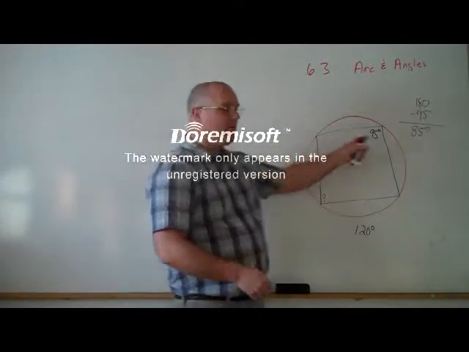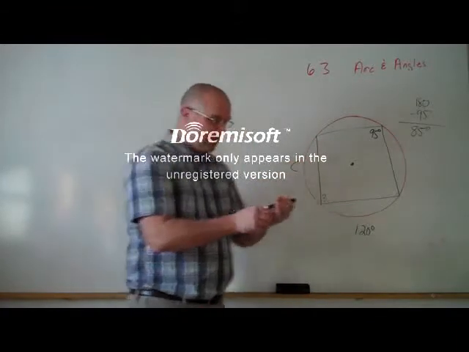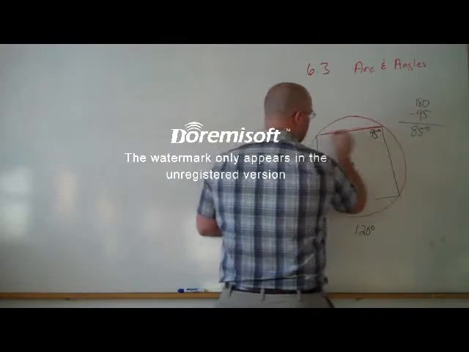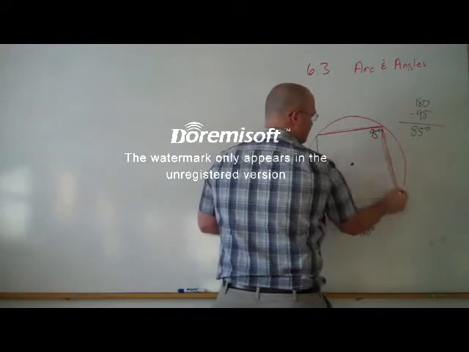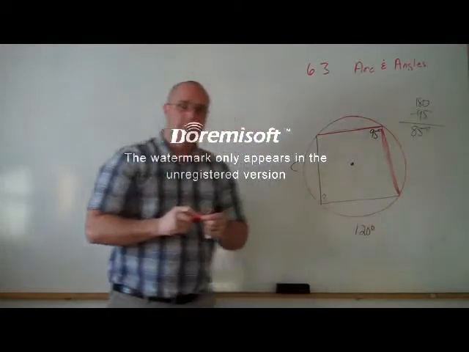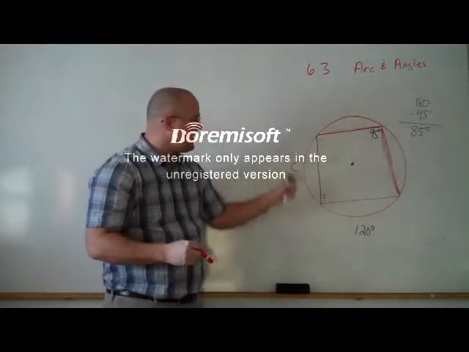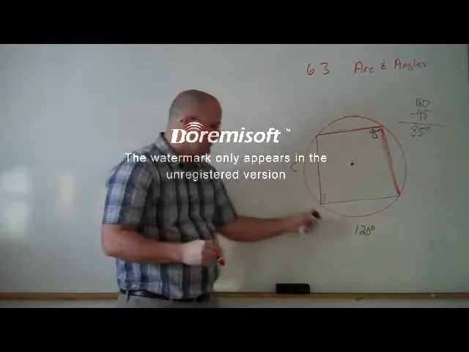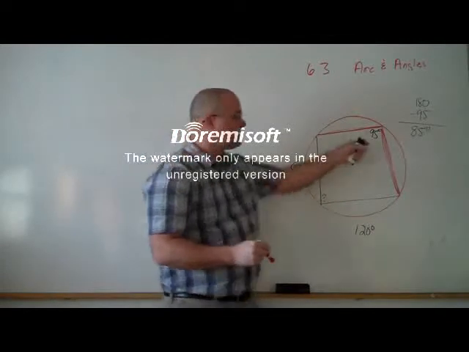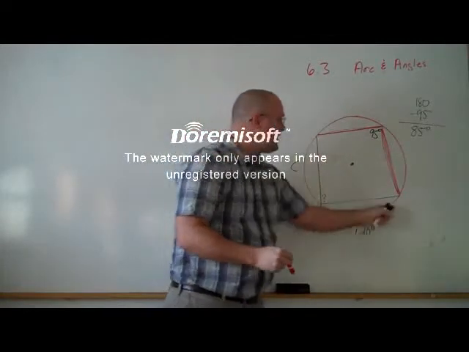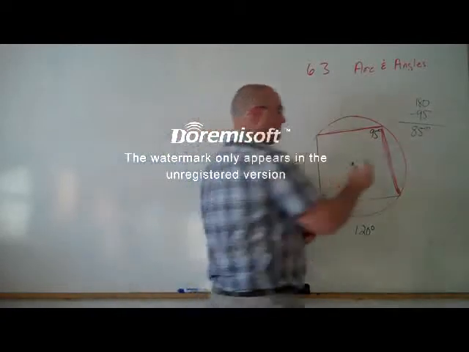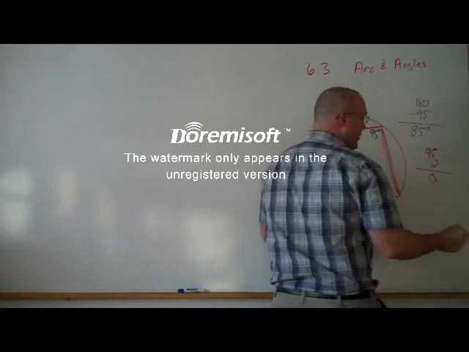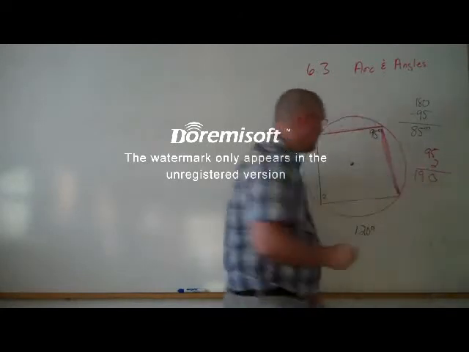Don't let this being a cyclic quadrilateral confuse you. It's still an inscribed angle, right? If you took this piece away, from here to here would have to equal what? We have to double this angle, because half this arc is this angle, so this arc would equal 2 times 95, that's 190 degrees.